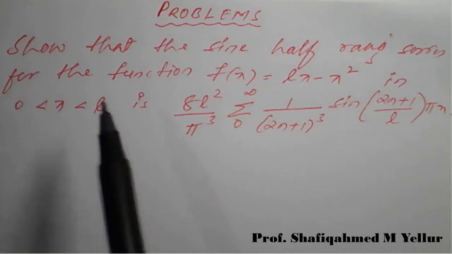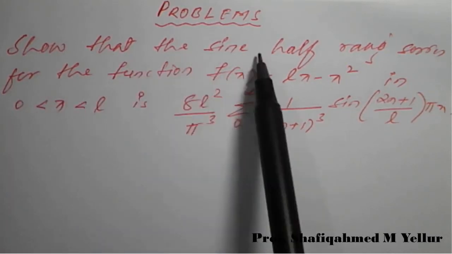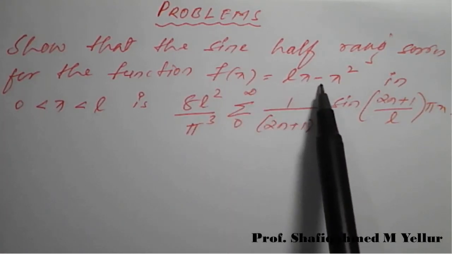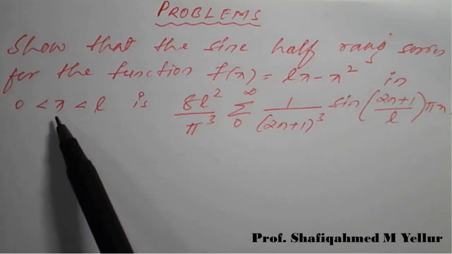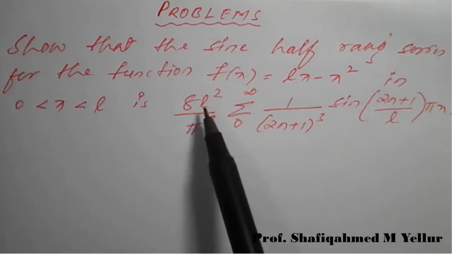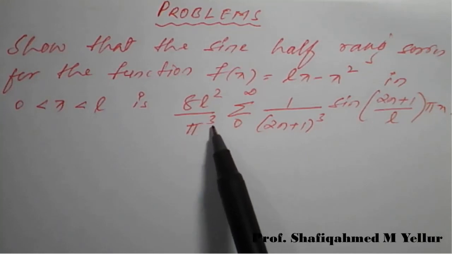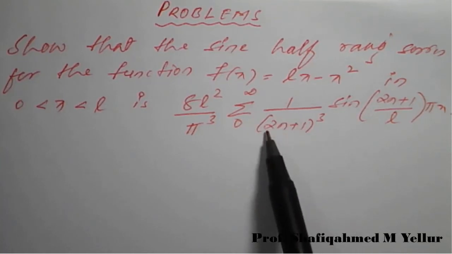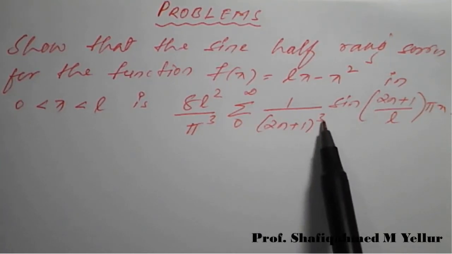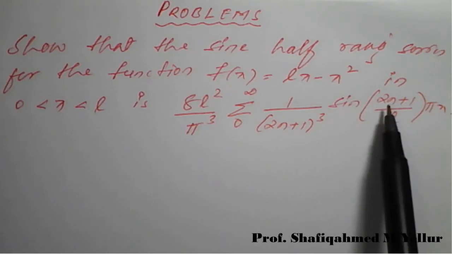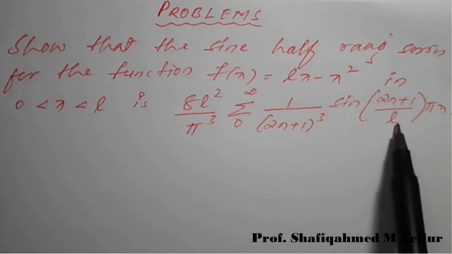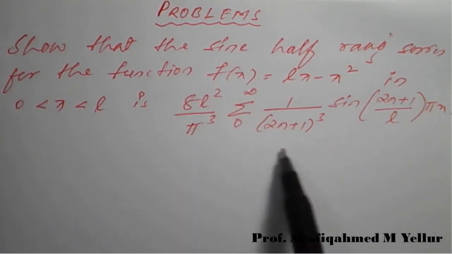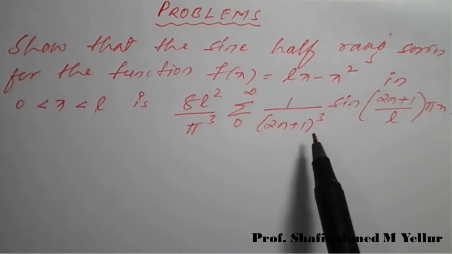The problem is, show that the sine half-range series for the function f of x is equal to lx minus x square in x greater than 0 less than L is 8L square upon pi cube into summation n from 0 to infinity 1 upon 2n plus 1 raised to 3 sine of 2n plus 1 upon L into pi x. So this is the given question and this is the required solution we need to prove here. So we'll see the solution now.